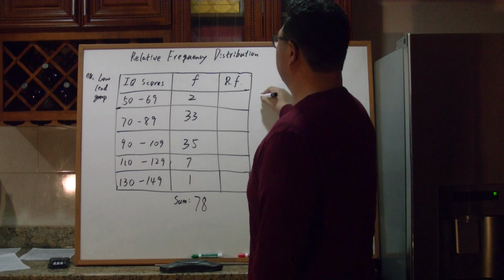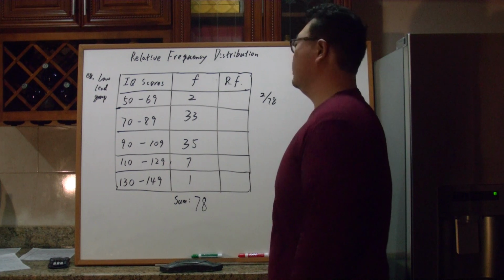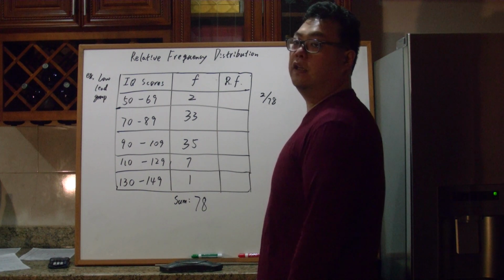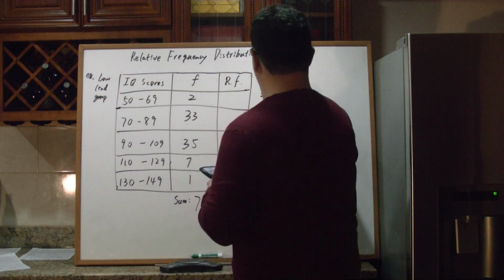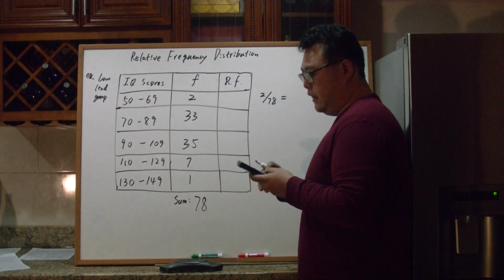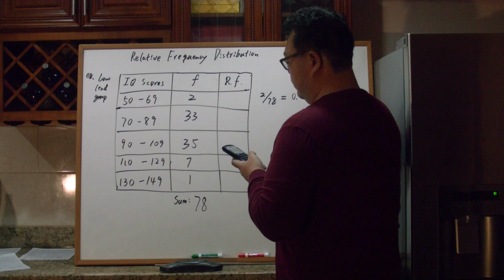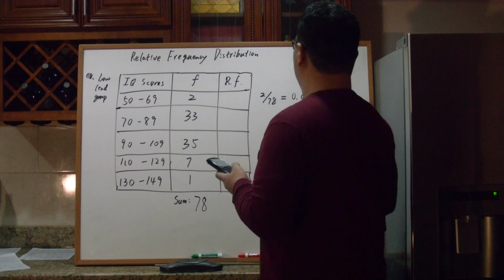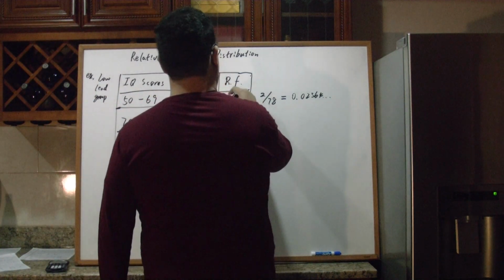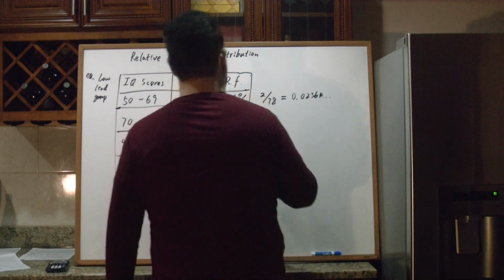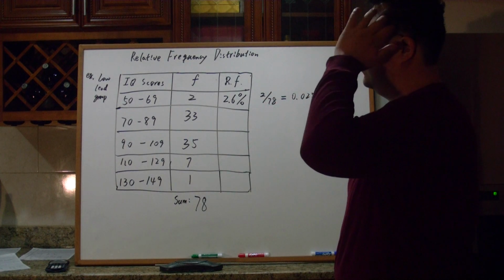So we divide 2 by 78 and convert that into a percentage. 2 divided by 78 is 0.02564 and so on. If we keep 1 digit decimal, that's 2.6%. From decimal to percentage, we move 2 digits to the right.